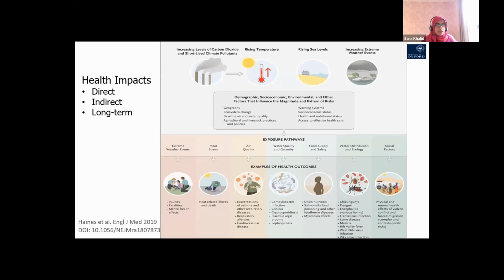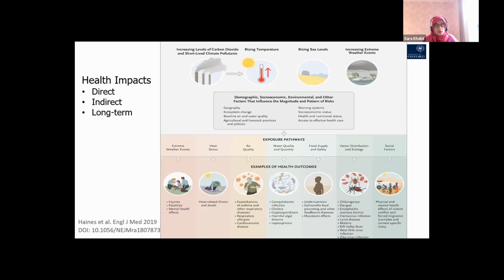So impacts can be direct, such as heat stroke from a heat wave, or respiratory illness from air pollution, or indirect effects such as malnutrition from food shortages caused by droughts or climate impacts on crop yield, waterborne infections from unsafe drinking water caused, for example, by flooding, dietary diversity loss due to biodiversity loss, and then long-term or downstream effects, for example, from climate-induced or exacerbated migration and conflict.